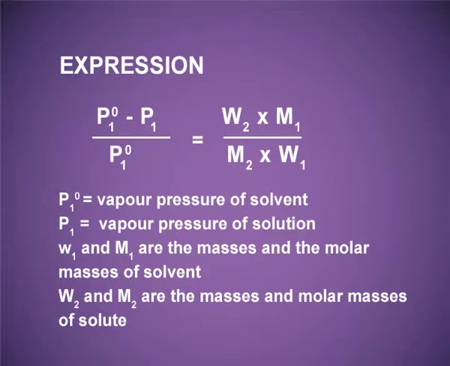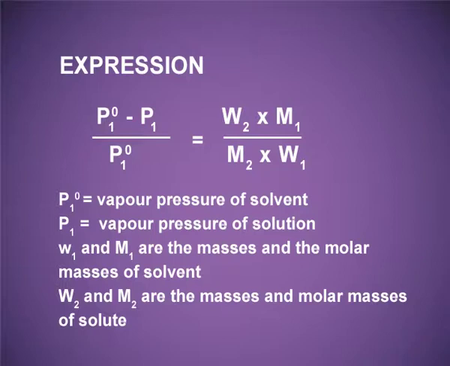Mathematically, (P1° minus P1) upon P1° is equal to W2 into M1 divided by M2 into W1. This P1° is the vapor pressure of the pure component 1. Here 1 is the solvent.